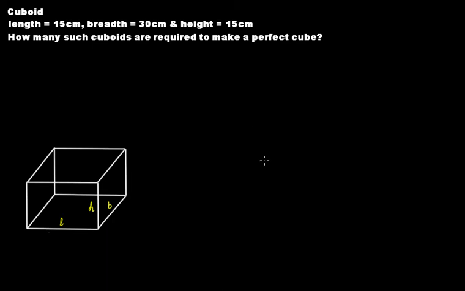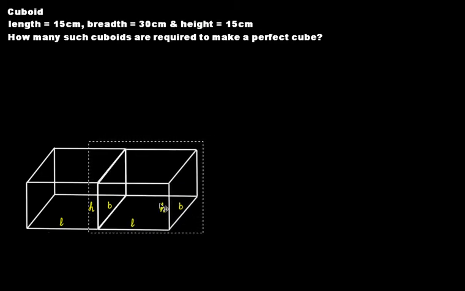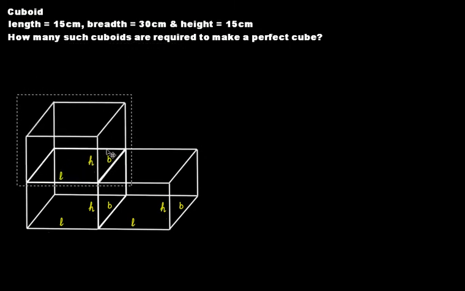So I'll show you how to do this. This is 30 centimeter, right? This is 15 and this is 15. Okay. So if we take this cuboid and I attach it here, so we used one cuboid, then we used two cuboids till now.